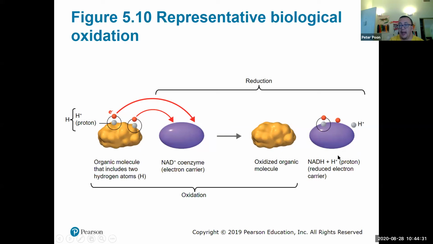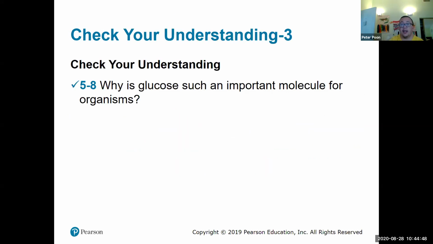NADH is the reduced form. The reduced form can carry a lot of energy, and we can use the NADH to carry energy to other places, and we do. And you'll see that in the next chapter, or next recording, okay?